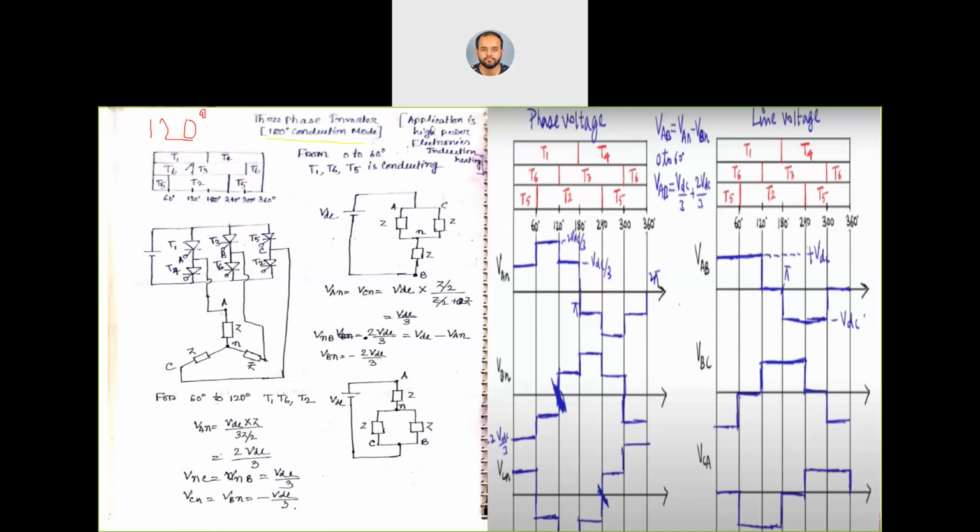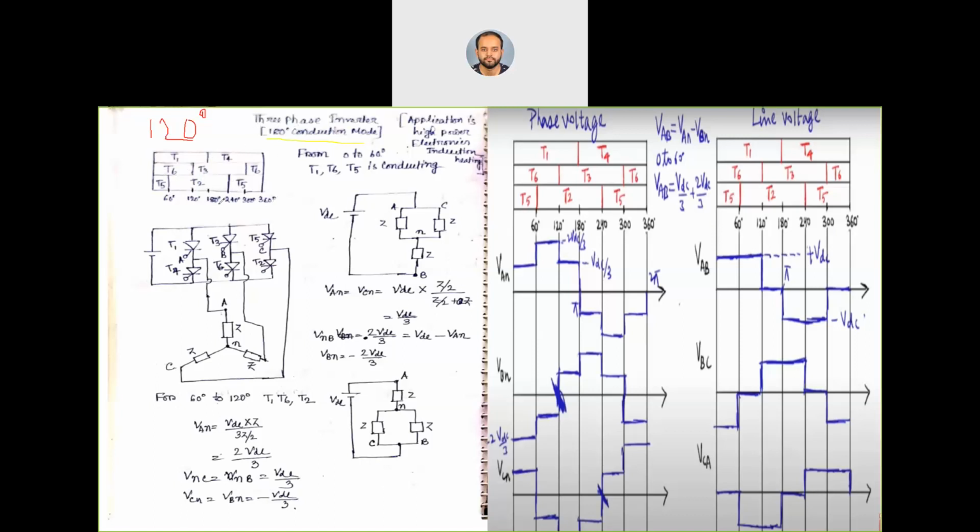Now as you can see, there are three thyristors connected in the upper layer and three connected in the lower layer. If I make a box, we can understand which thyristor is conducting when. As we said, this is a 180-degree conduction mode.